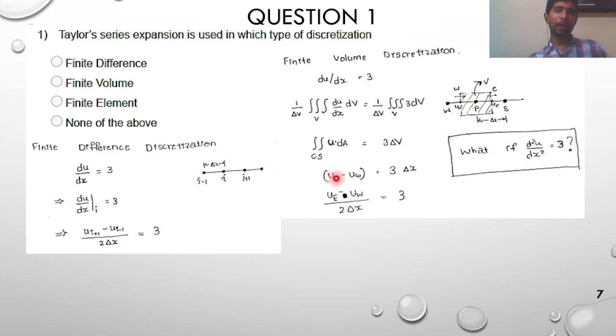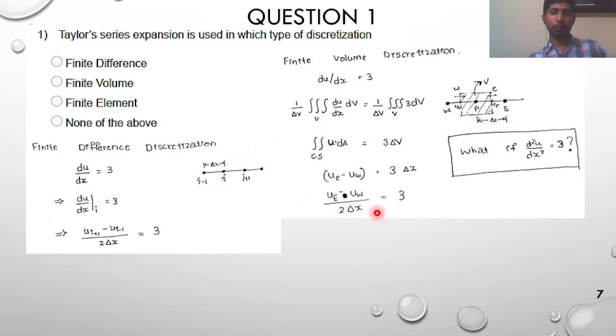Now ∂u/∂x at E, how will you find it? Again you have to go for Taylor series only, if that was the case. ∂u/∂x at E will be found using u of capital E minus u of capital P divided by delta x. That is the central difference scheme.